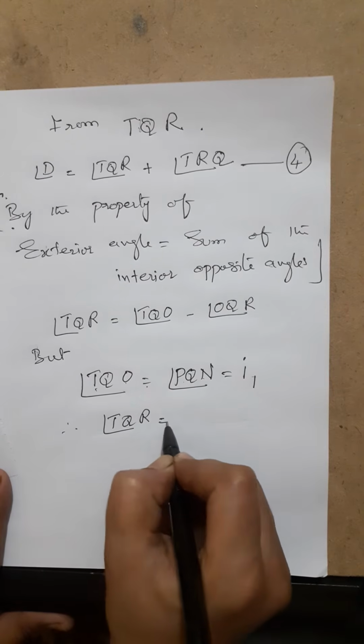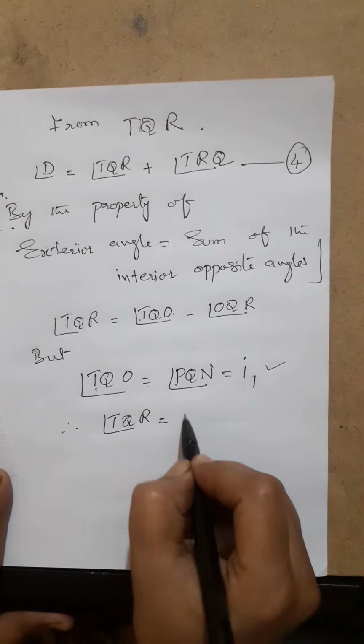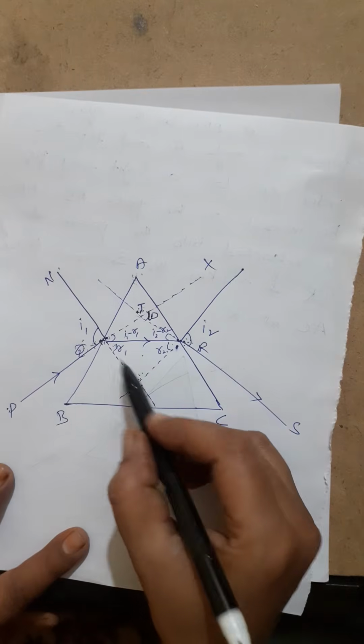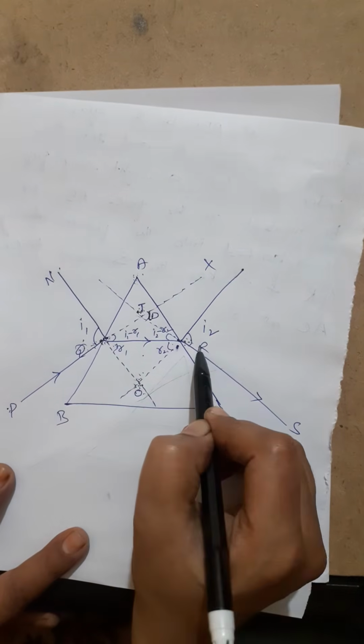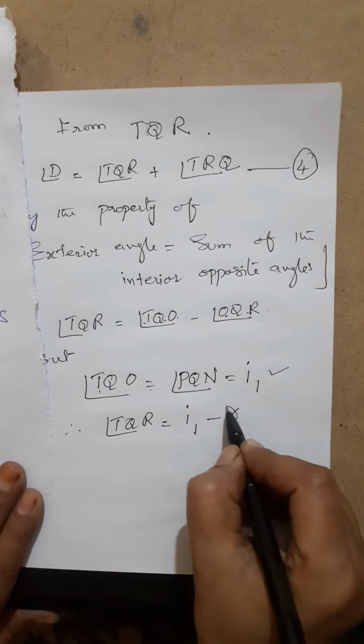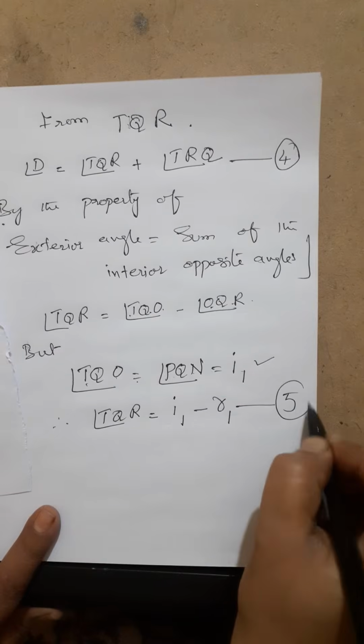Therefore TQR is equal to, so this TQO value we got I1, and OQR here. OQR can be written as R1. So we can let R1. Let us take this as equation number 5.